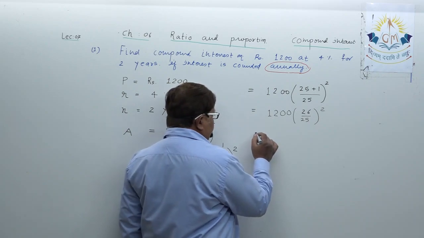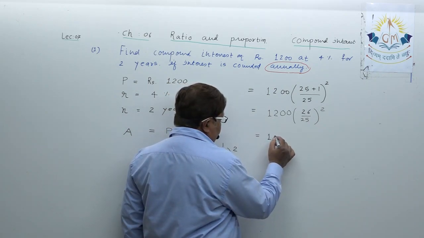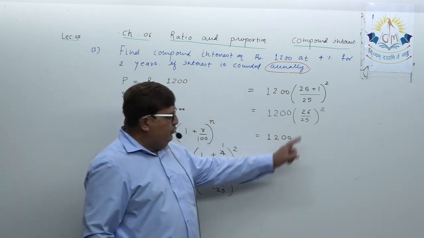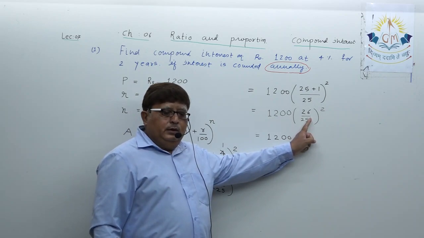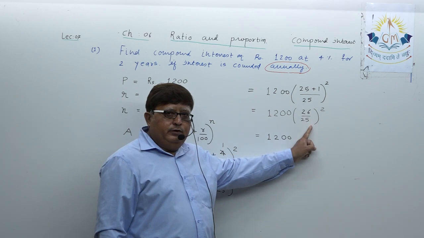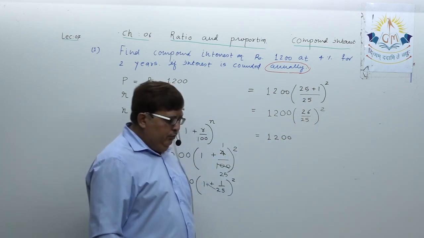Now the next step, 1200. See, dear student, here it is written 26 upon 25 raised to the power of 2.